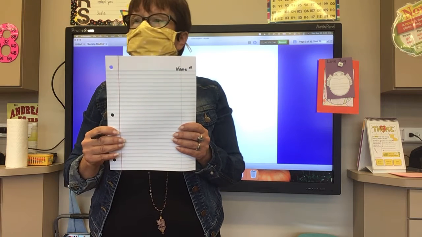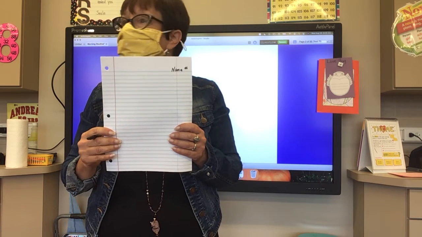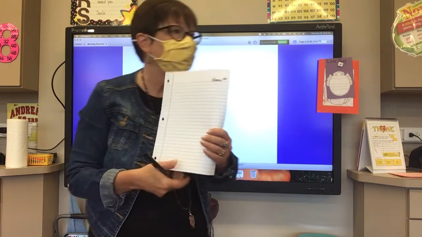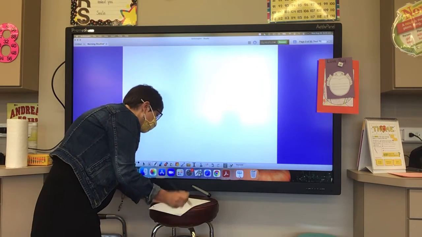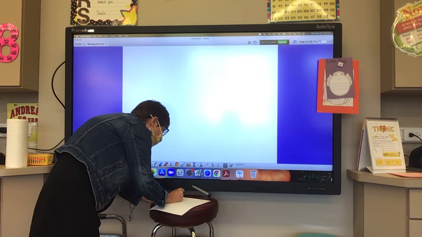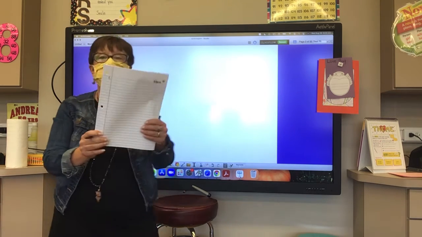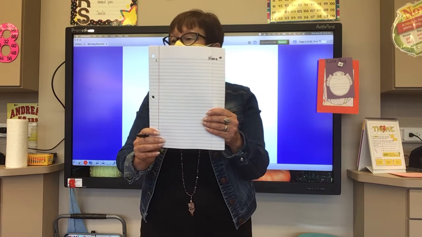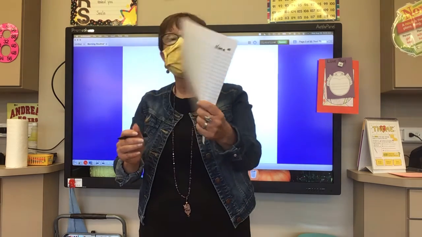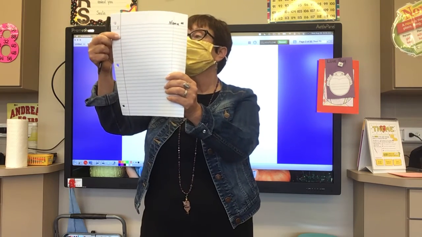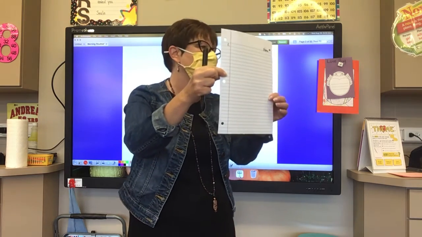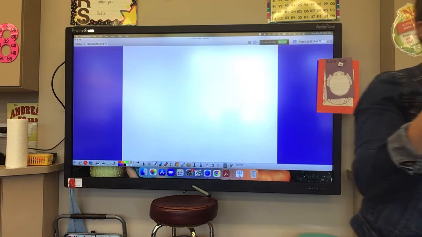Do not pre-number your paper. So, our first word is going to be right here. Our number is to the left of the red line. That's our margin. Like this.